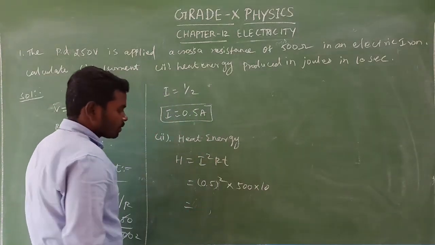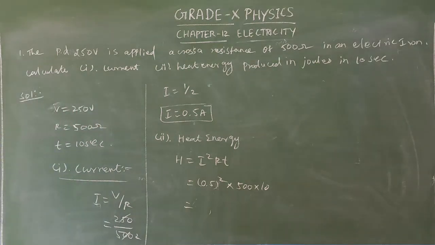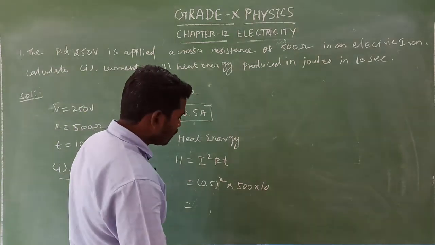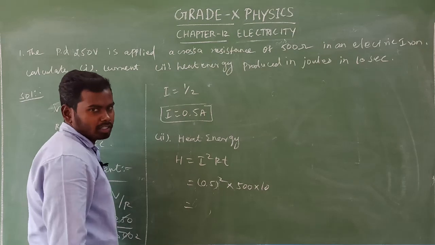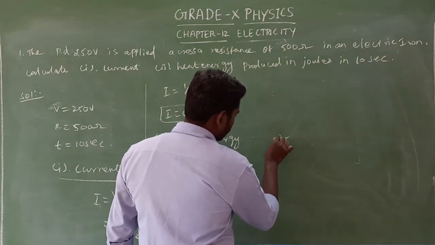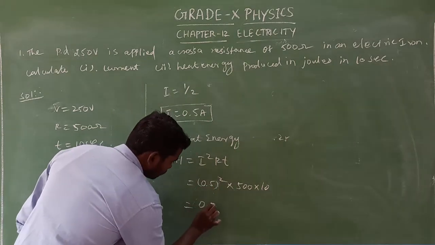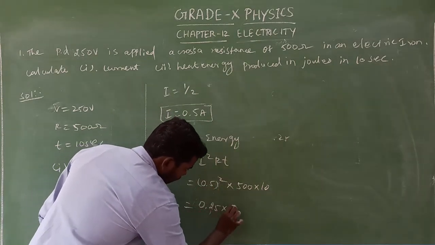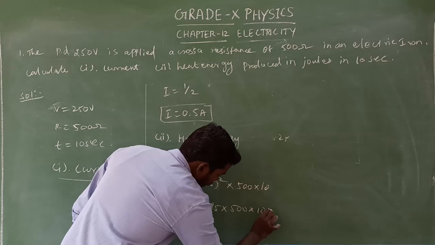Now you find out the value. What will be the value here? 0.5 and 0.5 is 5 into 5, 25. Put the decimal after 2 digits, so the value will be 0.25 into 500 into 10.